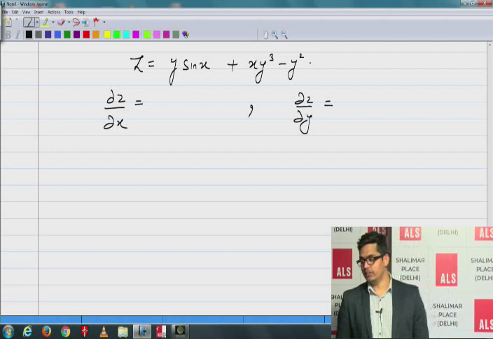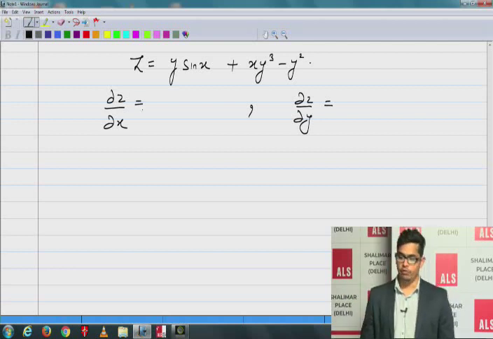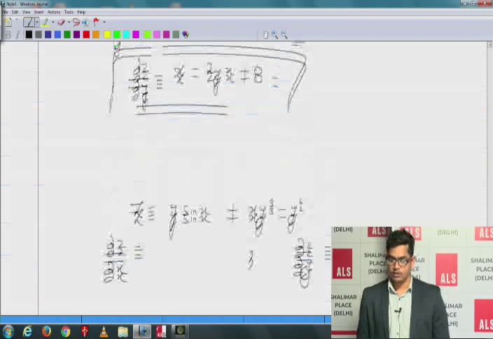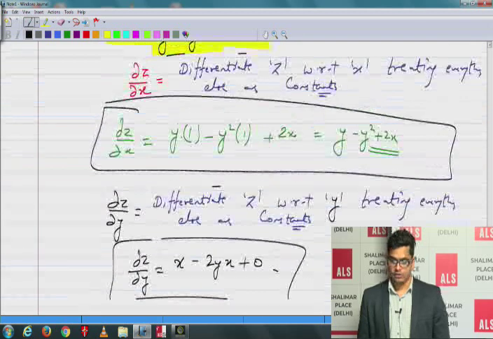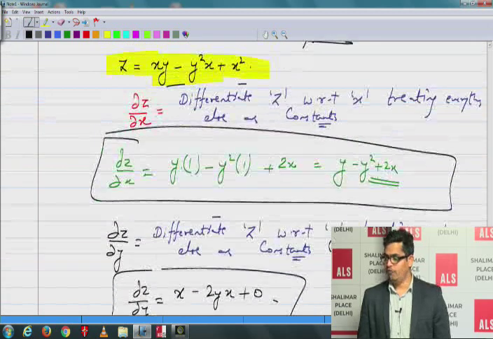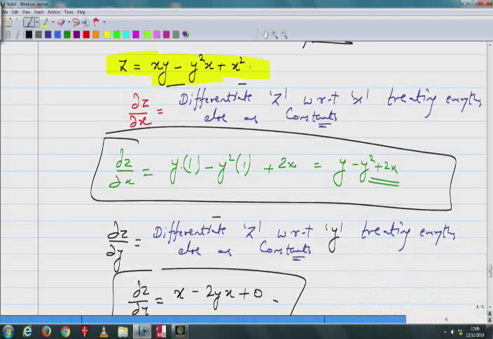Sir, if y is constant, its differentiation... If y is constant, its differentiation will be 0. Yes, but there is no simple y here. You differentiate xy with respect to x, treating y as constant. Imagine it is 5x. What is the differentiation of 5x?